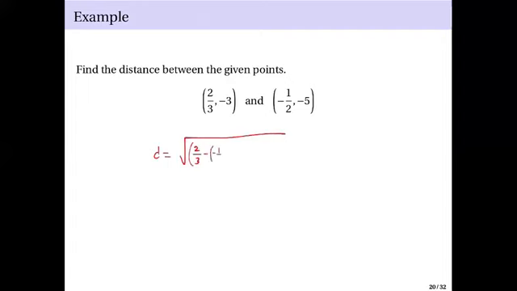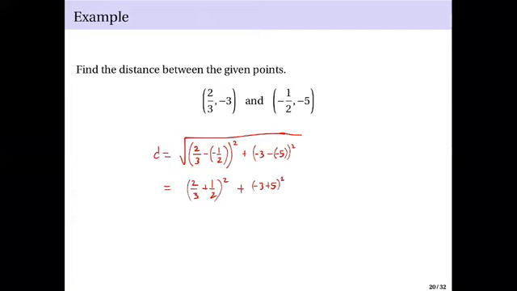And then you just do this. That's 2/3 plus 1/2 quantity squared there. And then in here, you just have minus 3 plus 5 quantity squared.